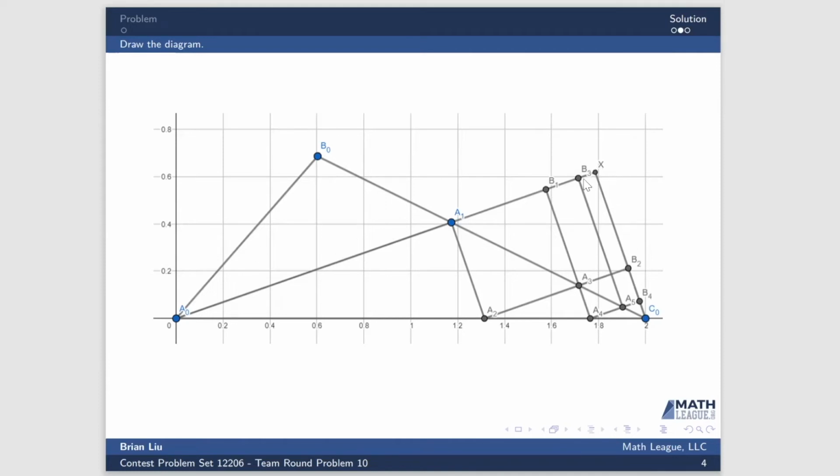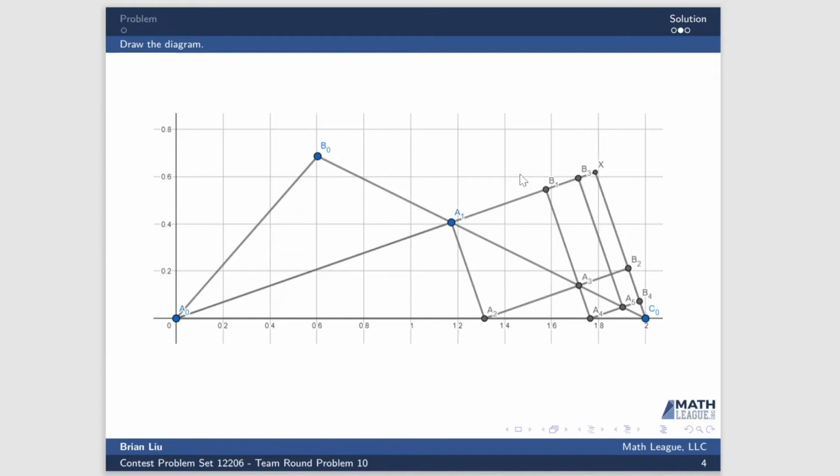Similarly, we can do the same with A1A2 and A3A4: we can move them to XB2 and B2B4, because we are just moving things within rectangles, and rectangles have equal opposite sides. So we can just repeatedly do this.